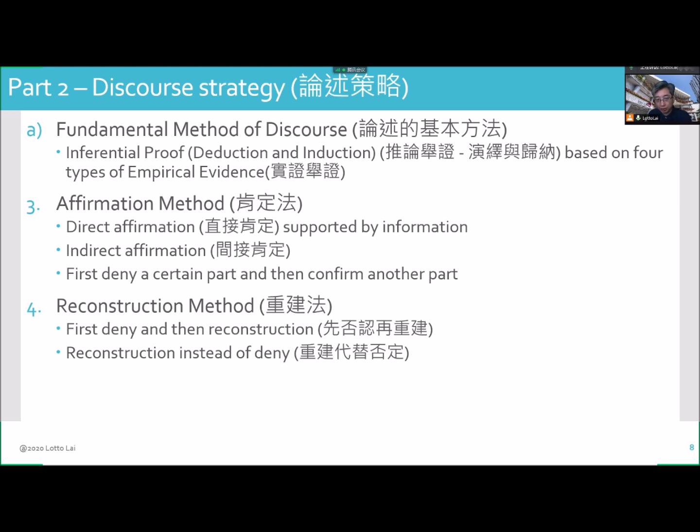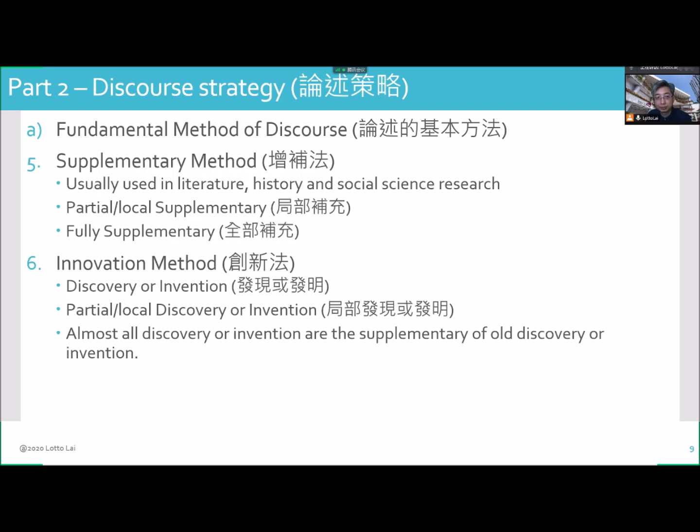The reconstruction method is to first identify and then reconstruct your proposal, your theory or your model. Reconstruction instead of tender is a different kind of description. The final one is the supplementary method. It is usually used in literature, historical and social science research. Partial supplementary or fully supplementary.